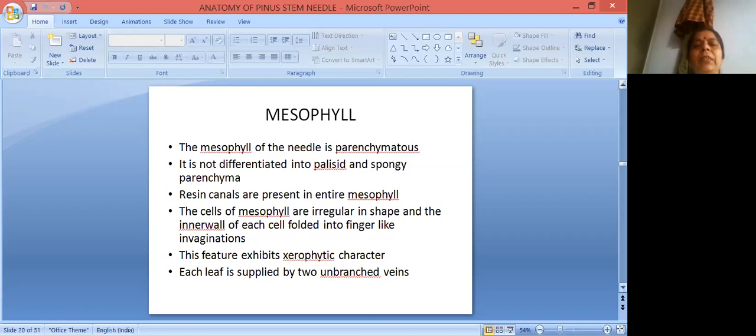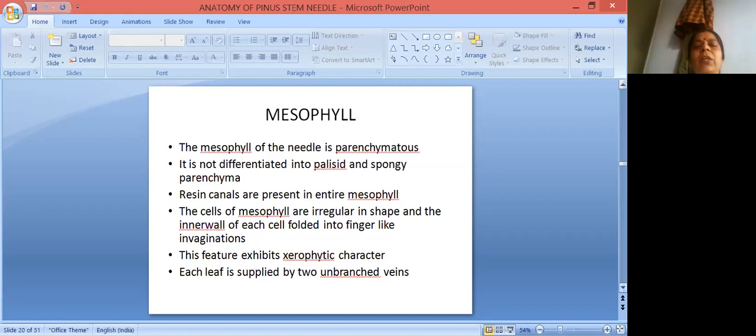But one difference is that it is not differentiated into palisade and spongy parenchyma. We have to remember that the mesophyll cells are not differentiated into palisade and spongy. Generally, in a dicotyledon leaf, towards the upper epidermis, elongated palisade cells are present in 1 or 2 rows, and towards the lower epidermis, irregular or round spongy cells are present.